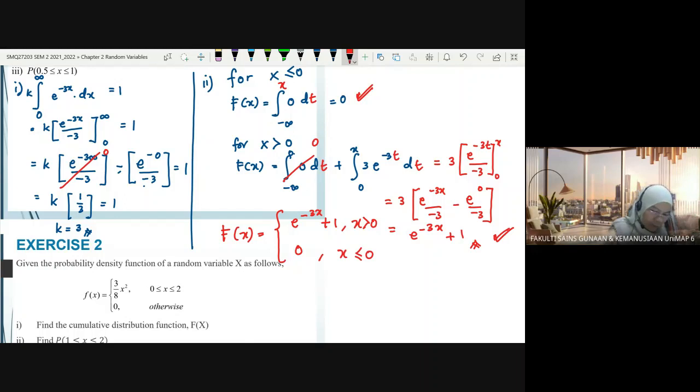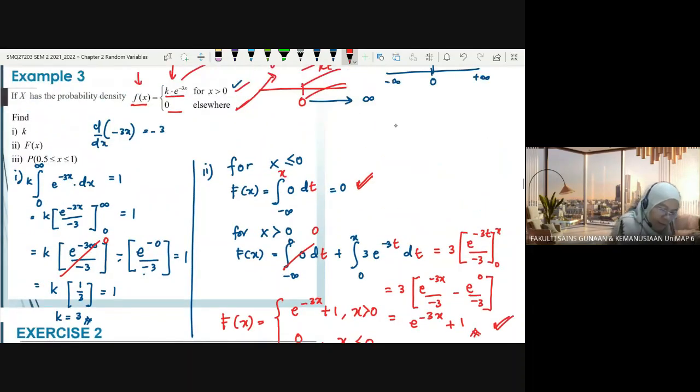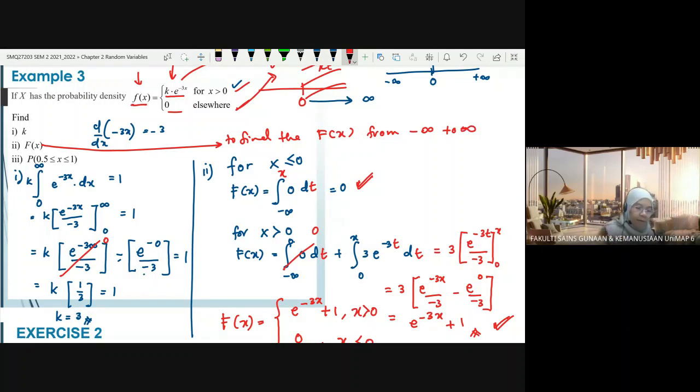Now, our aim in order to find this is to find F(x) from negative infinity to infinity. Okay, from negative infinity to x, sorry, to x.